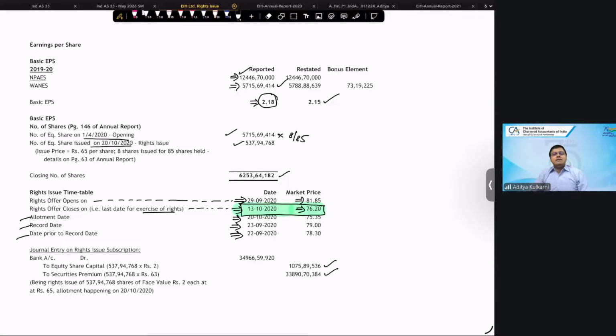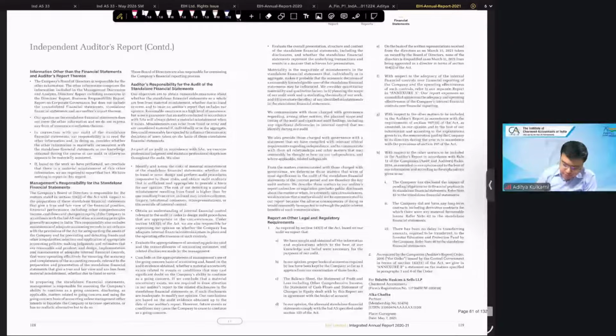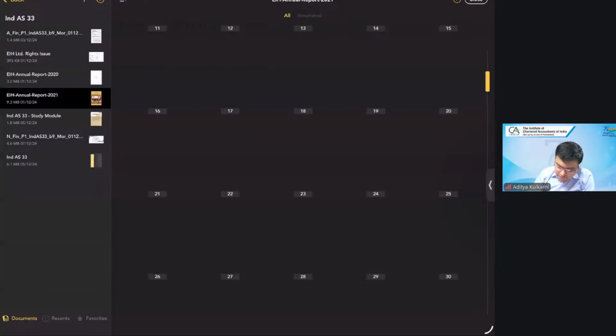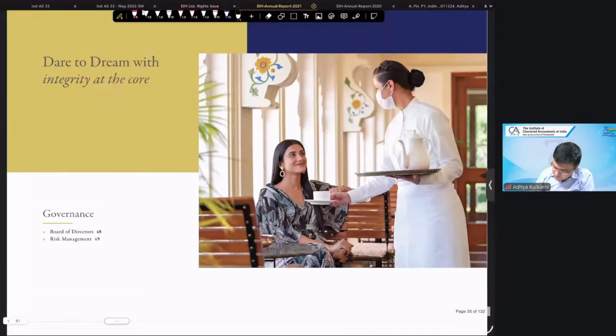For that reason, they came out with a rights issue on 20th October 2020. Now what are the terms of the rights issue? Let us look at that. Page 63 of the annual report.